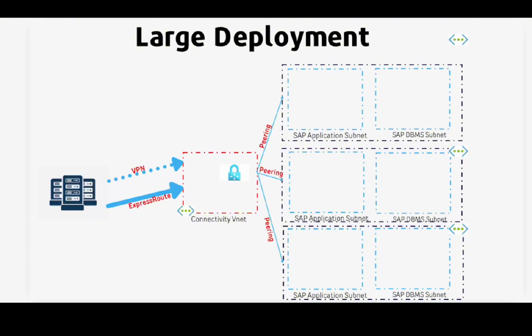So in a large deployment, the key characteristics would be that there will be separate VNets to segment the workloads, and this will ensure scalability. We'll have multiple peered VNets, as you can see in the diagram, and VNet peering will be used to link different virtual networks, allowing communication between them while maintaining isolation and improving security. The scalable architecture ensures that your SAP environment can grow and remain efficient and well organized as your needs expand.